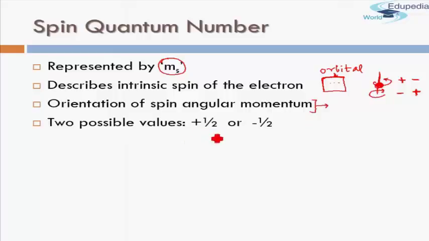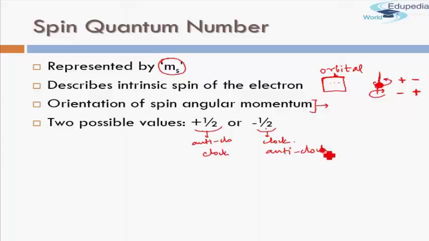It has only two possible values, +½ and -½. For example, for a particular orbital, I can say that +½ denotes the electron which spins anti-clockwise and -½ denotes the clockwise spin of the electron. Whereas for another orbital, I can say that +½ denotes clockwise spin and -½ denotes anti-clockwise spin.